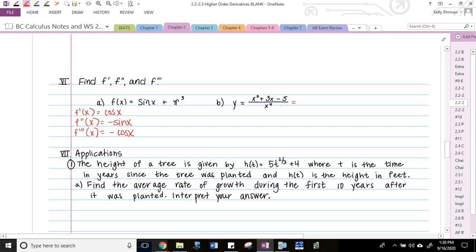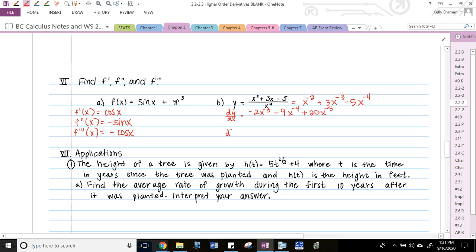Let's divide by x to the fourth and write negative exponents so that we can easily take derivatives here. X to the negative 2 plus 3x to the negative 3 minus 5x to the negative 4. dy dx, just to use different notation, is negative 2x to the negative 3 minus 9x to the negative 4 plus 20x to the negative 5.